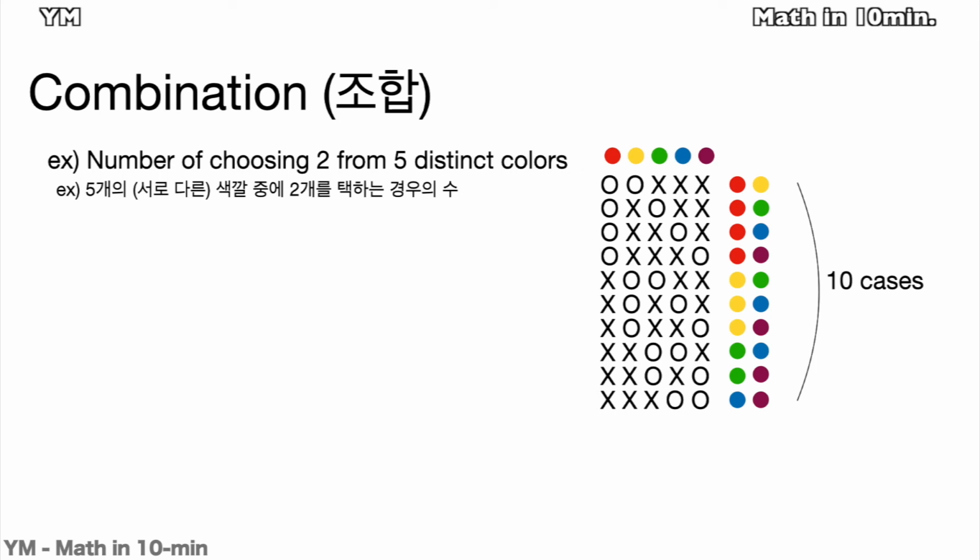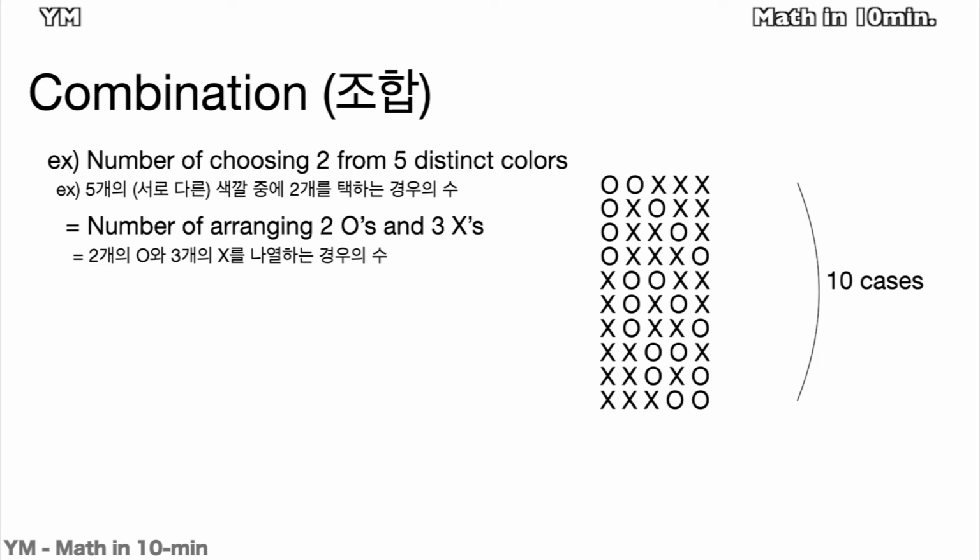Again, let's go back to the previous example and picture. Let me hide the colors and just focus on this part. What does it look like? Doesn't it look like the cases of arrangement of 2 O's and 3 X's? Exactly. So the number of choosing 2 objects from 5 elements is exactly equal to the number of arranging 2 O's and 3 X's.